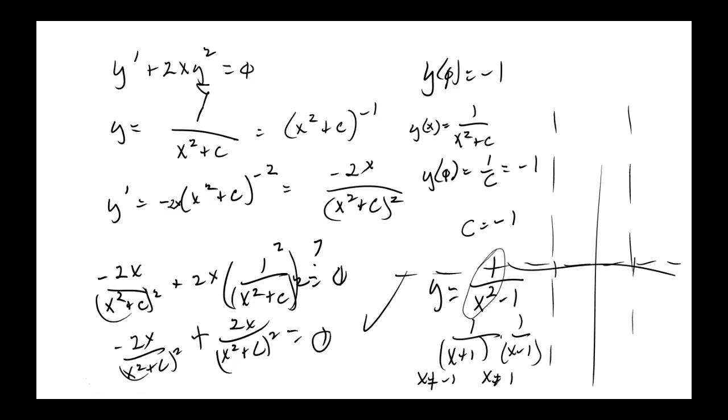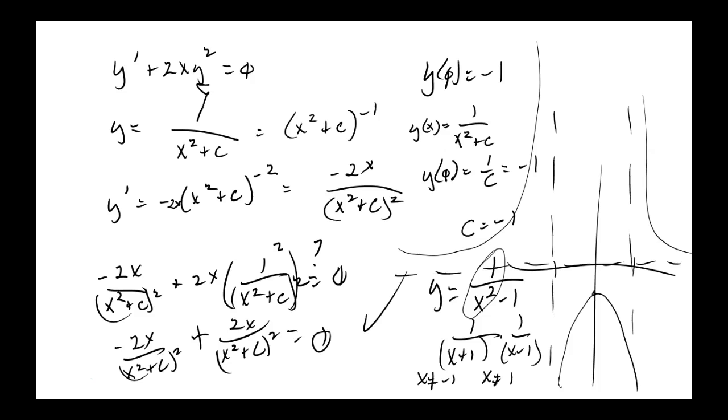Okay? So that then tells you that you could have a solution here, a solution there, or a solution in the middle. Where does it intersect? Well, when x is equal to 0, y is equal to 1 over c, and we just had this, so it's going to be at minus 1. So this is going to be the part down here.